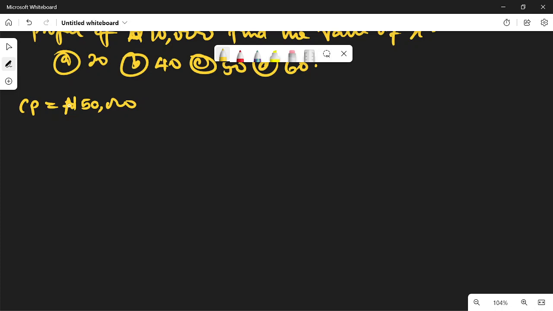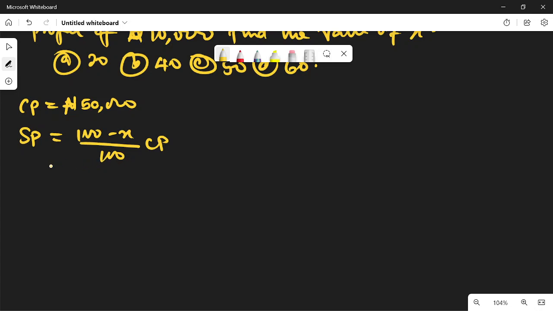If Audu sold it at a loss of X percent, that means the selling price is going to be (100 minus X) all over 100 multiplied by the cost price.